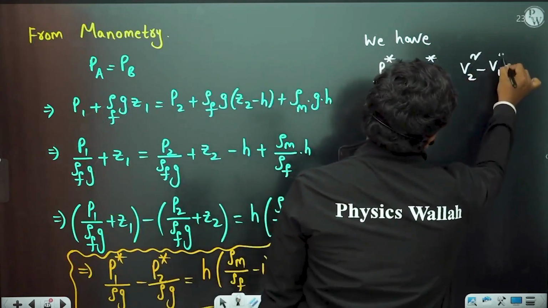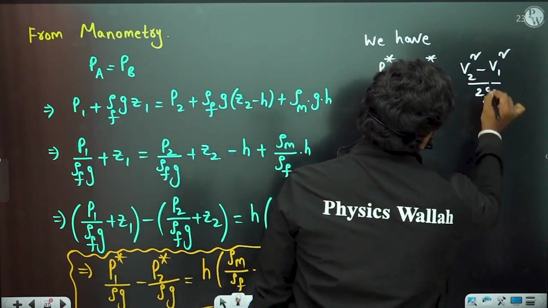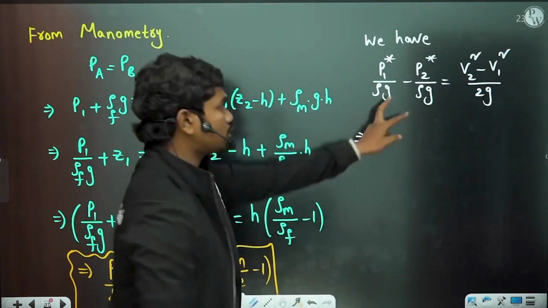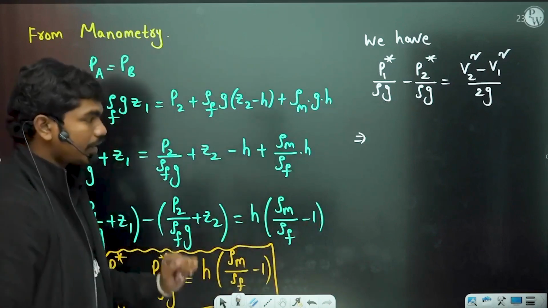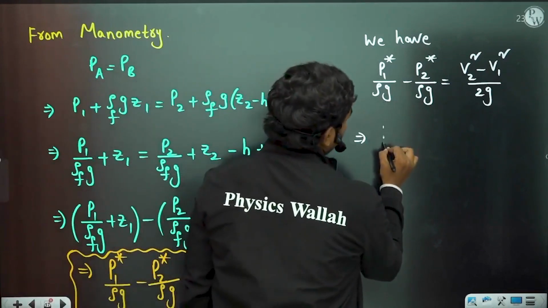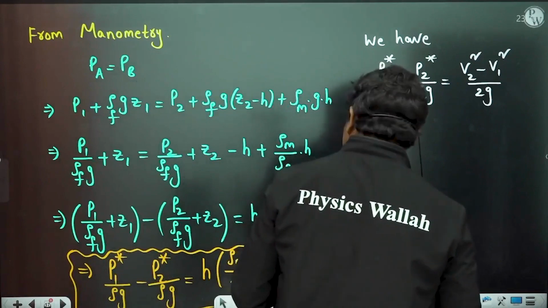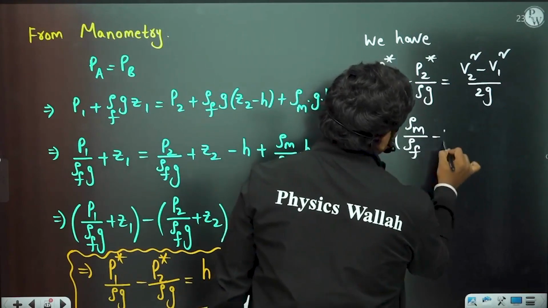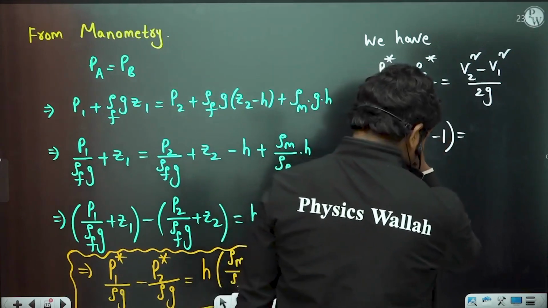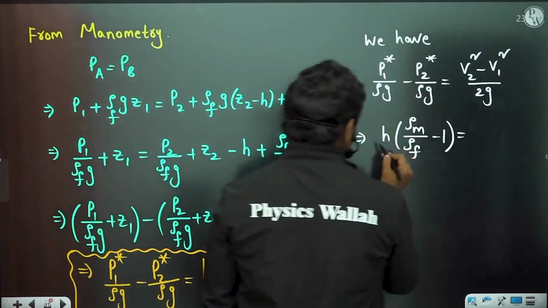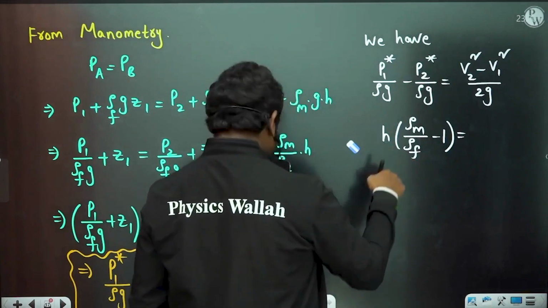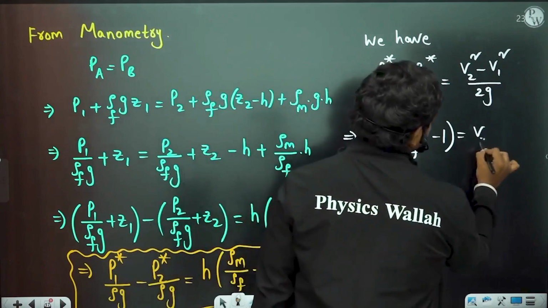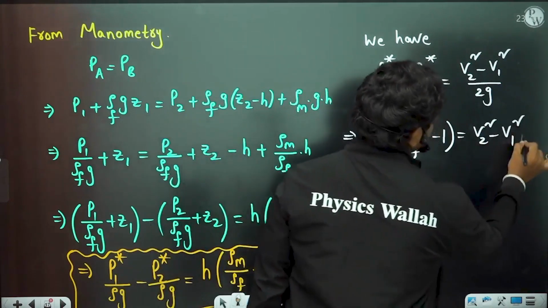Now if you simplify slightly, this piezometric difference from the manometer is h times rho m by rho f minus 1, equal to V2 square minus V1 square by 2g. If you multiply by 2g on both sides, we have V2 square minus V1 square. This equation is important for you.